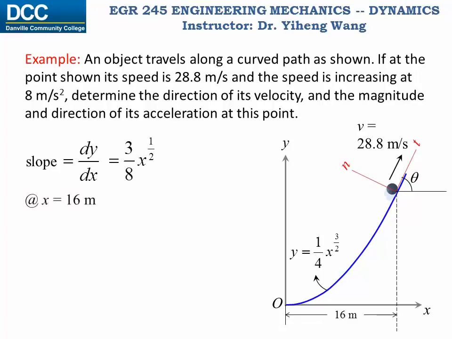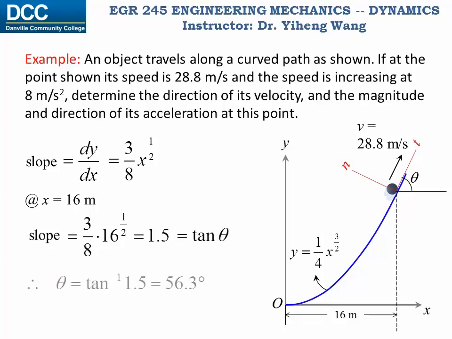At x equals 16 meters, we can evaluate the slope, which equals 1.5, and this equals tangent theta. Therefore, we can solve for theta to be arctangent 1.5, which is 56.3 degrees, and that's the direction for the velocity, which is also the direction for the tangent axis.